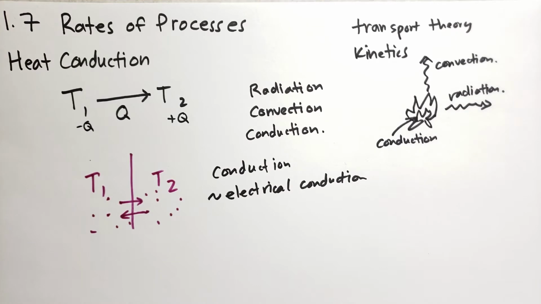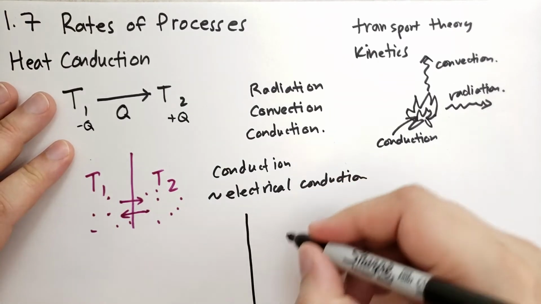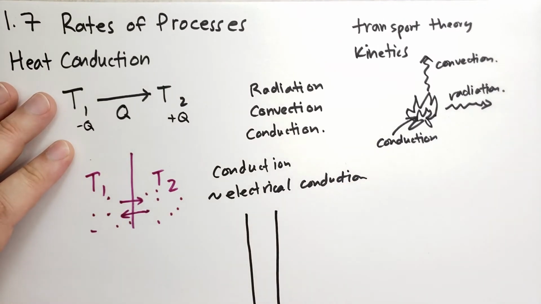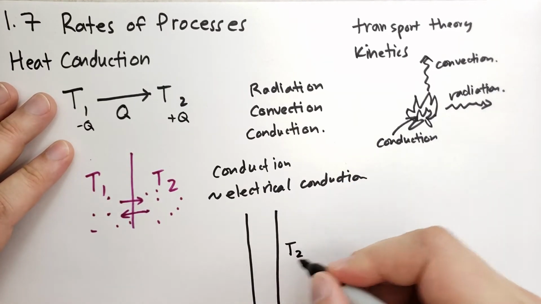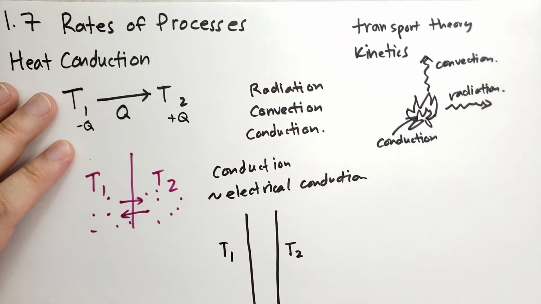Let's try to derive the mathematical formula for how conduction occurs, how quickly it occurs, and what it looks like in the material that's conducting the heat. So for our example, we are going to consider a substance, like let's say a pane of glass, and we're going to have temperature 2 on this side, temperature 1 on that side.